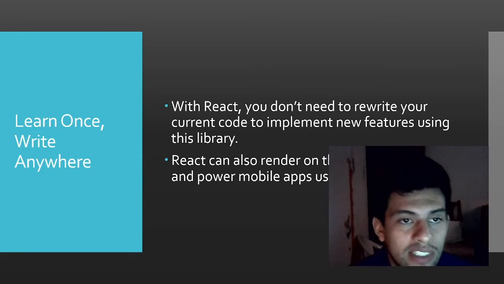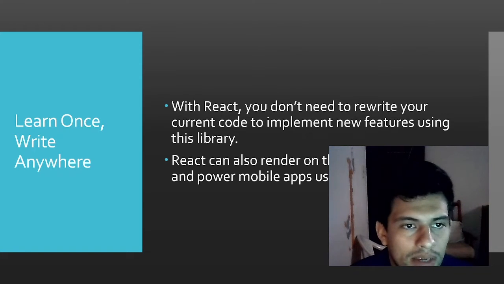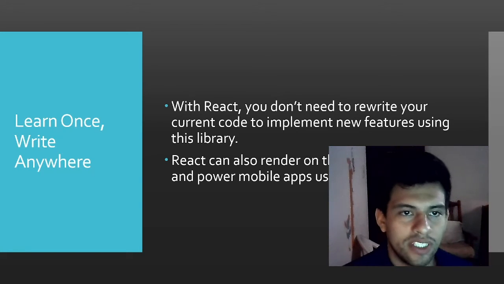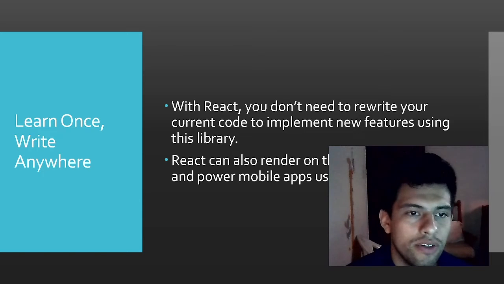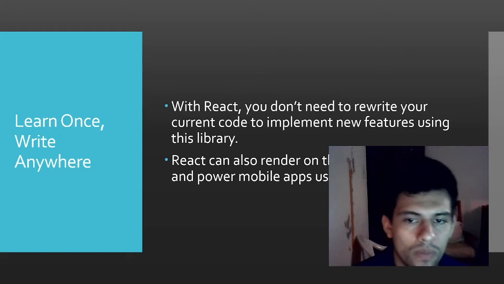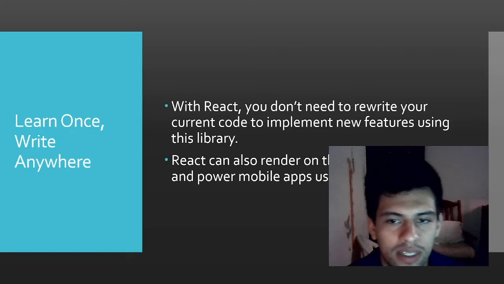So as I was talking about before, it's easy to implement with our current code or current apps, because we don't need to rewrite all our code to implement our new features using this library. Also, we can create mobile apps using React Native.